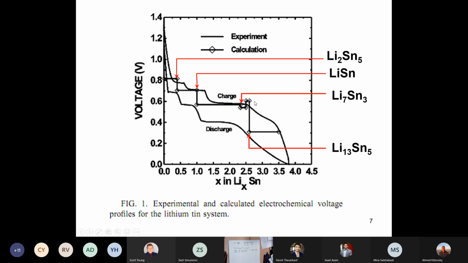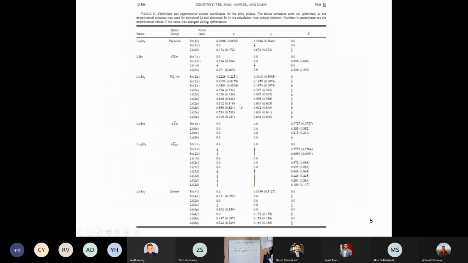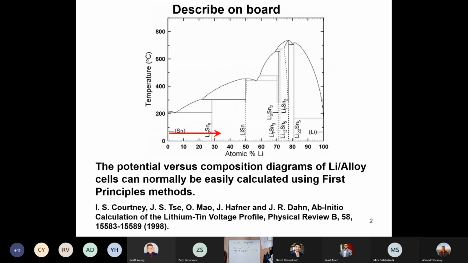Yeah. So in the phase diagram, there's a lot of closely spaced phases here. You can see them all here, right? And what it means is, when you're calculating the total energy of these things, you're relying on the crystal structures and the quality of the total energy calculation to give something sensible.